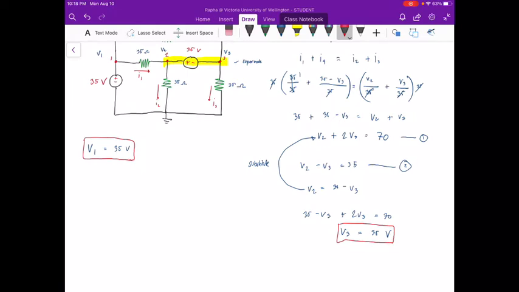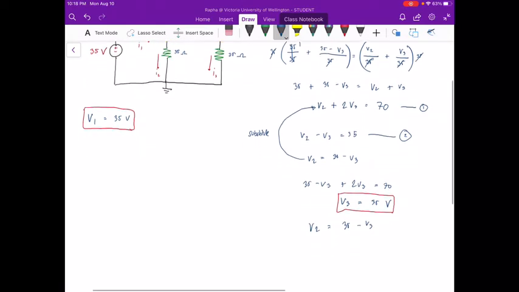So once again, substituting this to the previous equation, we have V2 is equal to 35 minus V3, which is equal to 35, and V2 is equal to 0 volts.